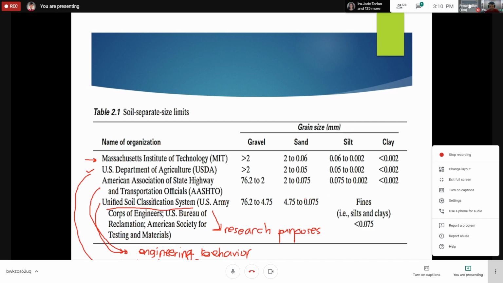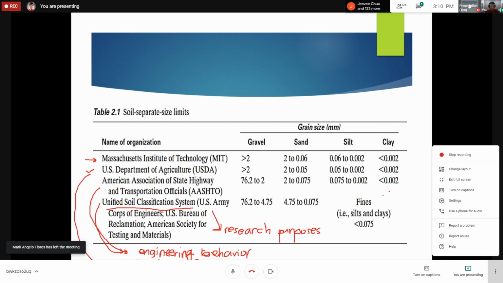Okay? Now for silt, the boundary for the three groups is 0.002 mm, and lesser than 0.002 mm is considered as clay.